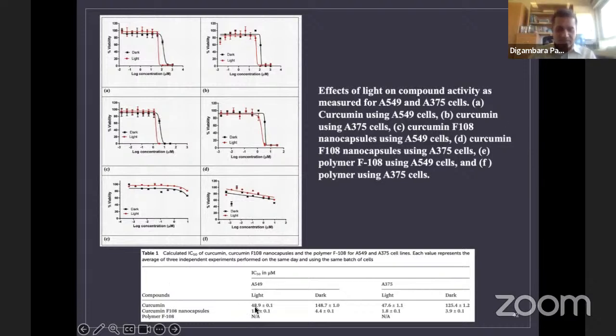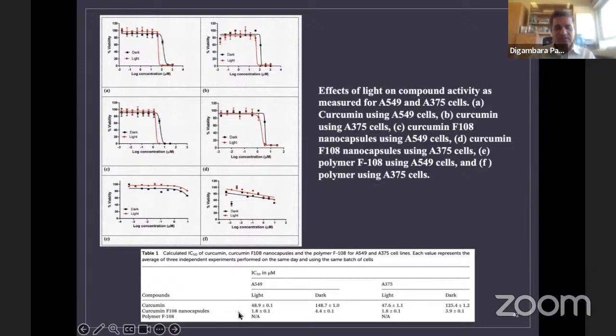So if you compare, curcumin is about 49 micromolar. And if we use our curcumin-based nanoparticle, this concentration reduced to 1.8, almost 2. So 2 and 50, roughly 25-fold less concentration.